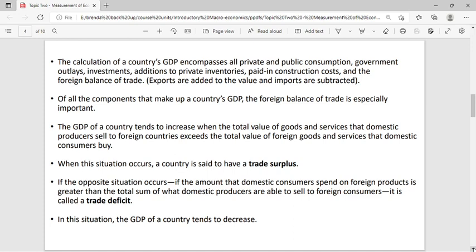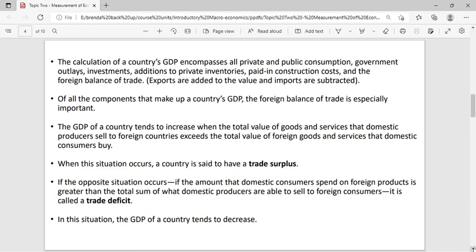So every time a country imports, these are products or services that a country buys or brings in from other countries, while exports are what we sell out of the country to other countries.